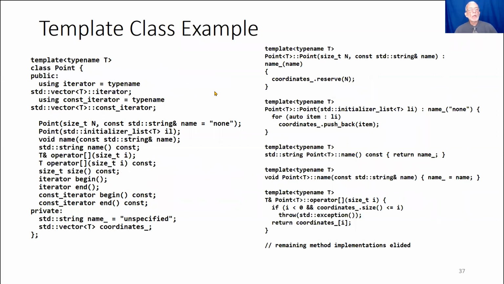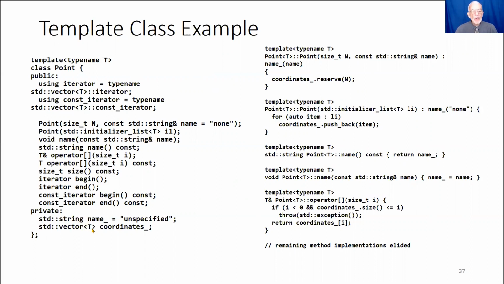All right, so here's an example of a template class. This is the point class, and now we've parameterized that with type T using templates. Otherwise, it's the same class. Notice that where I had double here, I substituted T. I had to initialize a list of doubles, substituted with T. Return double types, and here I'm returning T types.